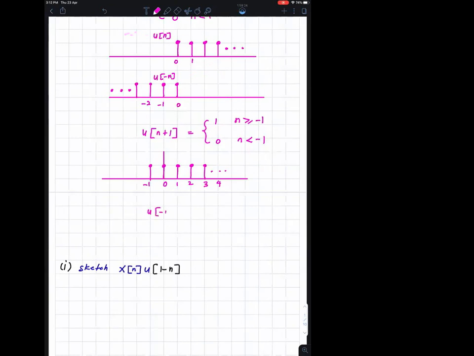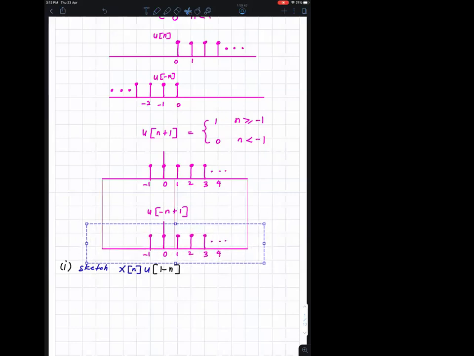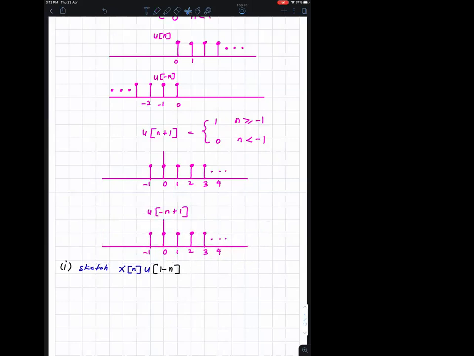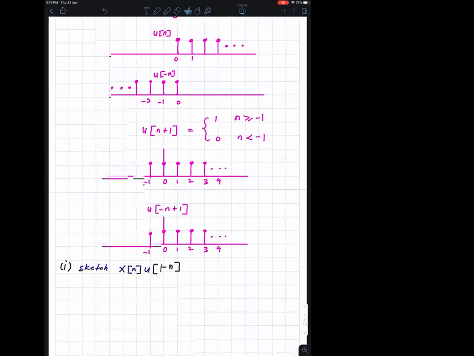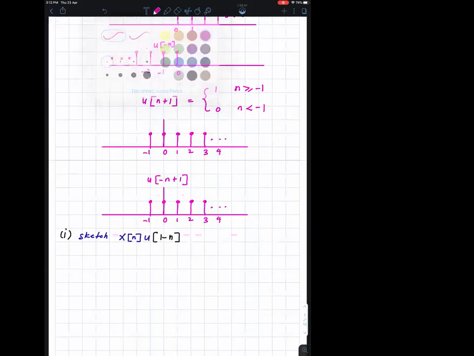Then what about u[minus n plus 1]? How do you do that? All you do is just flip u[n plus 1] around the y-axis.